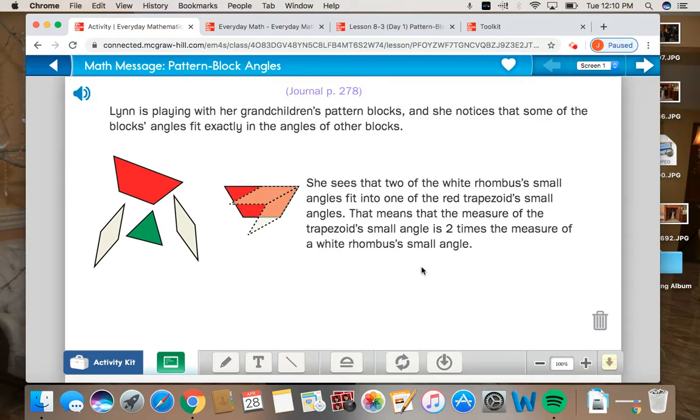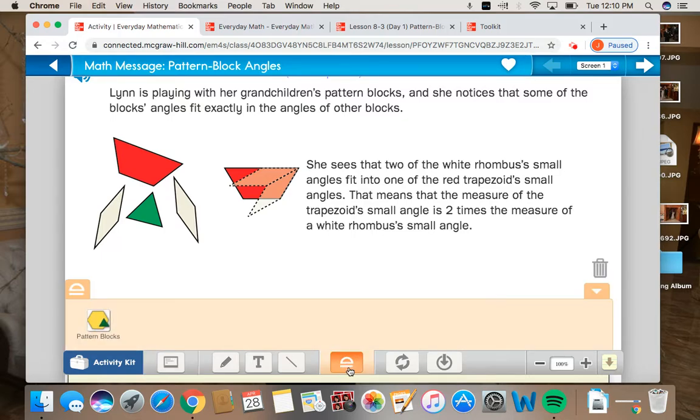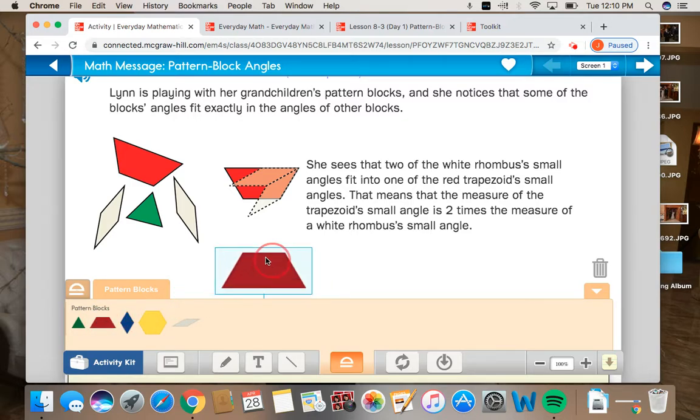So let's just take a closer look at this so you know what they're talking about when they say small angle. So I'm going to pull up these tools here, pattern blocks at the bottom, and I'm going to pull up my red trapezoid, and I'm going to pull up my white rhombus just so you know what they're talking about. And then I'm going to have you go do the problem.